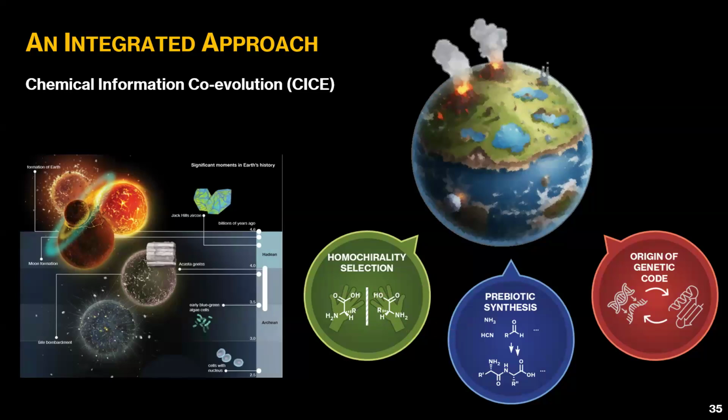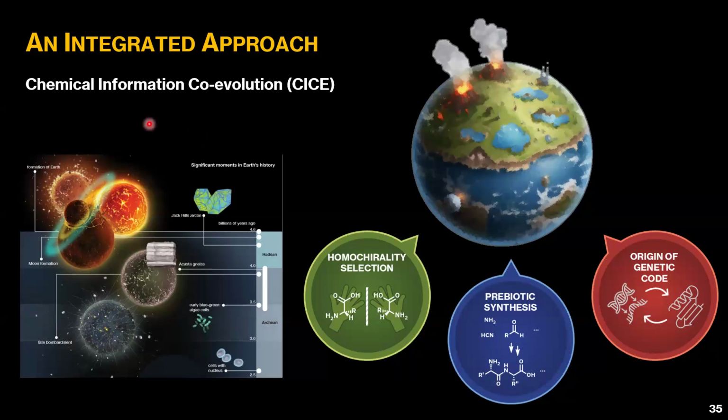So I'd like to leave you with the following idea. We hypothesize that this synthesis was not merely a step in forming material building blocks, but also played a critical role in concurrently driving the selection of information-bearing properties, namely molecular chirality, and the foundational rules of codon-amino acid pairing.